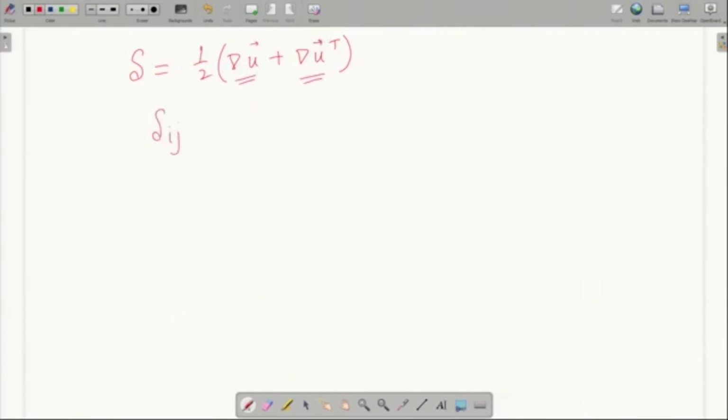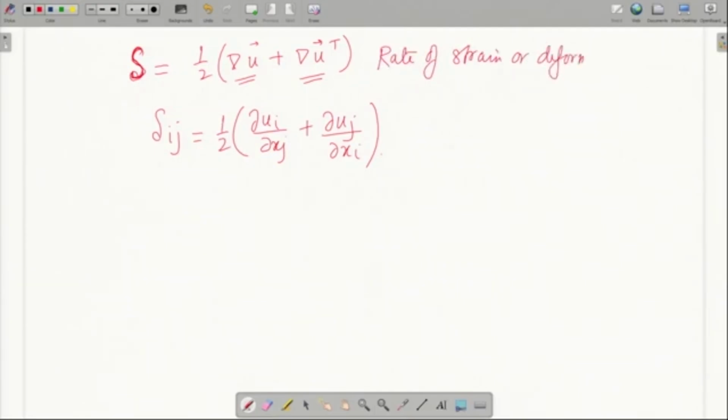And if you look at the elements of the stress tensor, you will find that they work out to be as shown. If you recall, this is our rate of strain or deformation tensor, which was part of the stress tensor T.